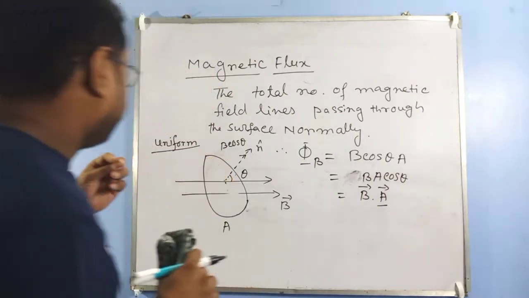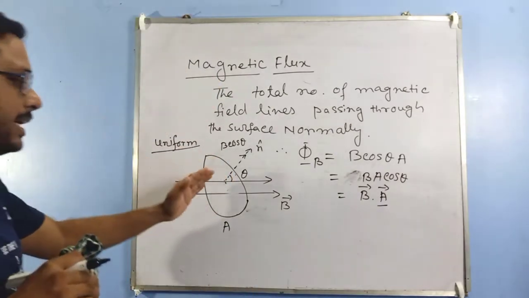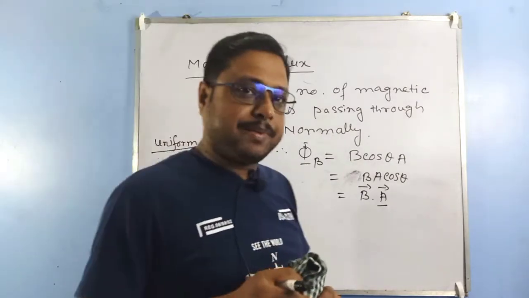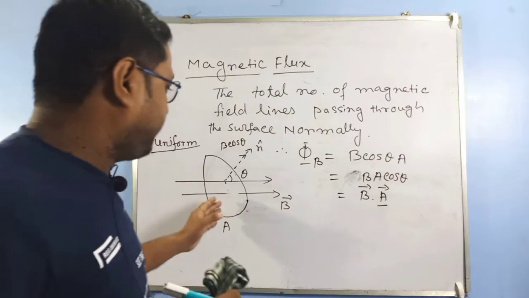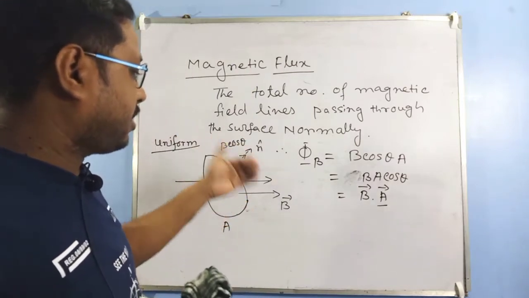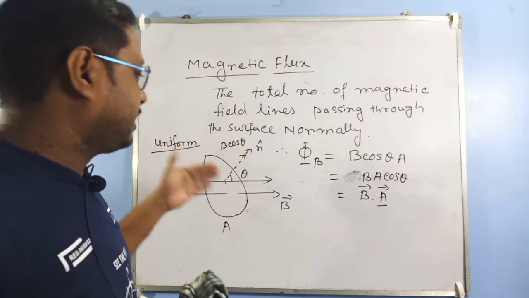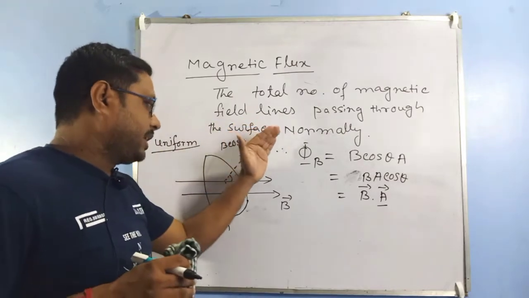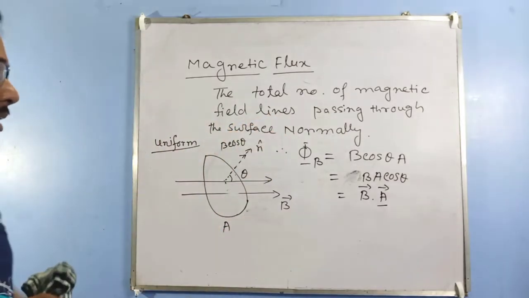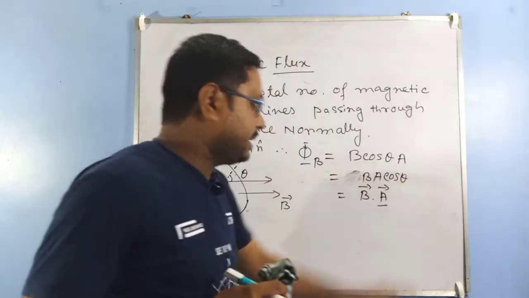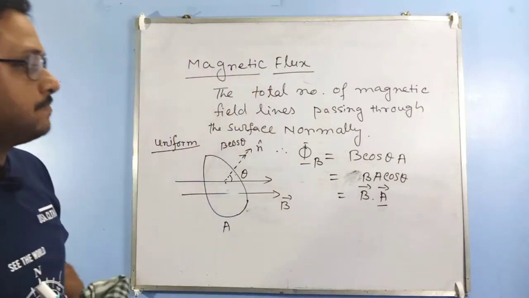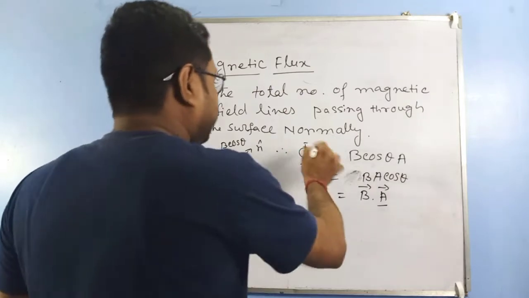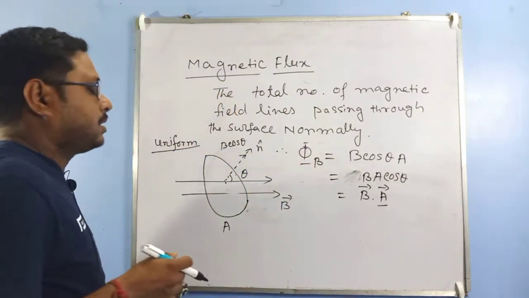So if the magnetic field lines are perpendicular to the surface, simply BA, and if they are not perpendicular, then we take the component along the normal, B cos theta, times the area. So we get B dot A, and obviously it is a scalar quantity.